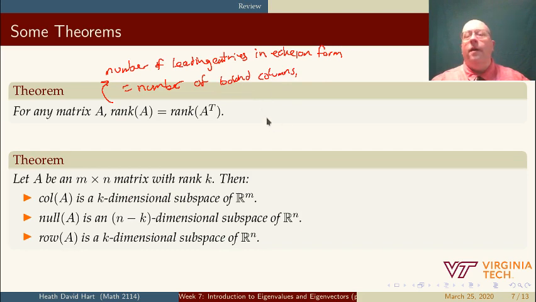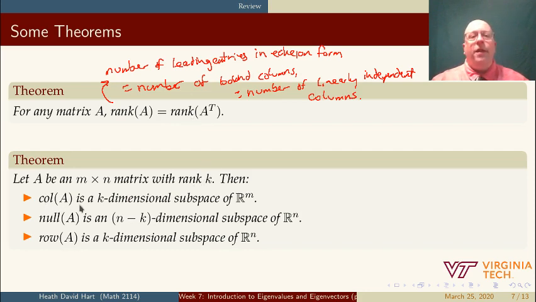Or the number of linearly independent columns that we can find. And it turns out that this number doesn't change if we transpose the matrix.